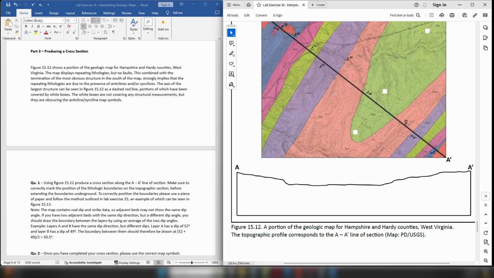This means that you cannot just say, right, that's where the boundary crosses the line of section right here, I'm going to draw a vertical line straight down and mark the boundary position right here on the topographic profile. No, you cannot do that. Remember, you can only do that when the line of section and the topographic profile are running parallel to each other. In this instance, they are not.